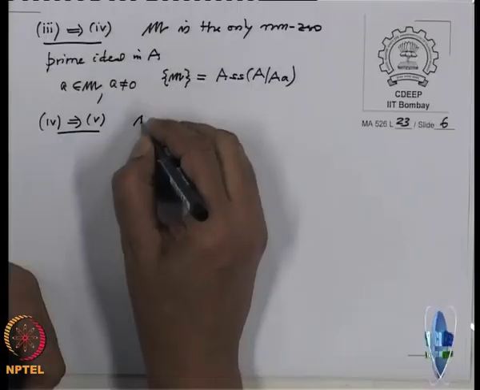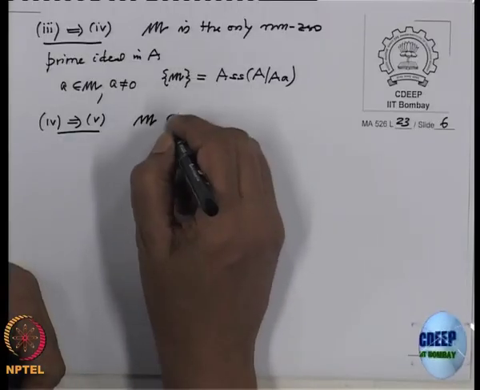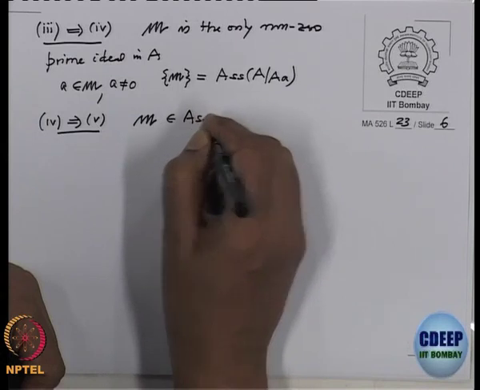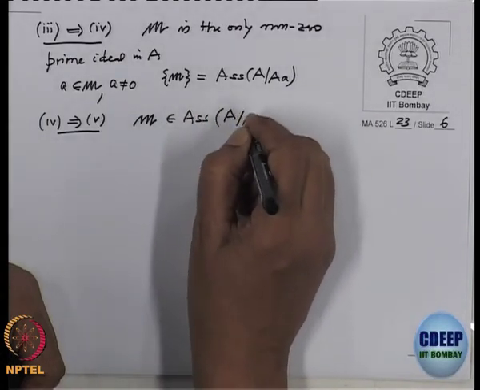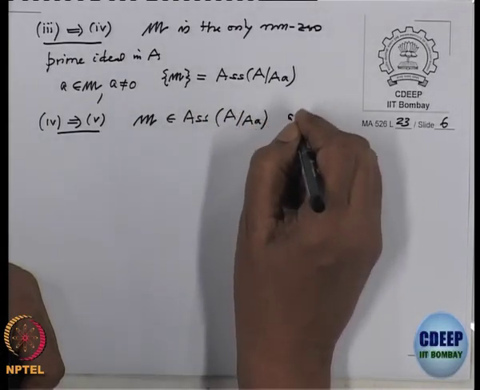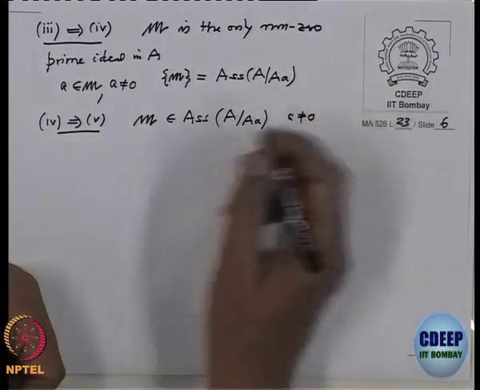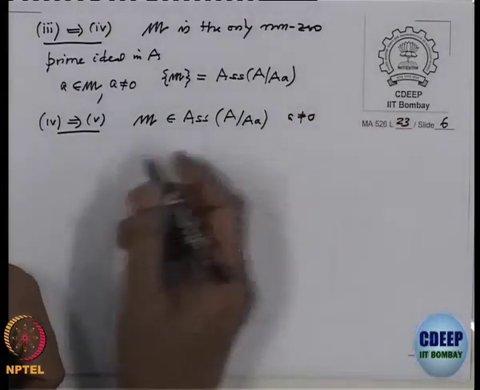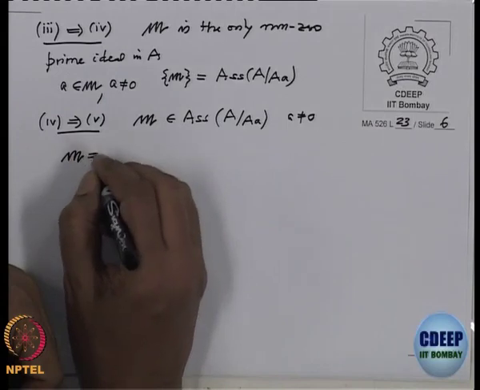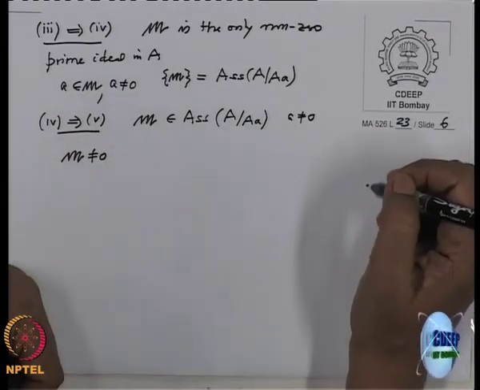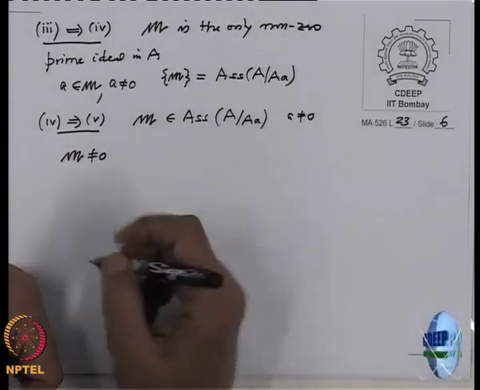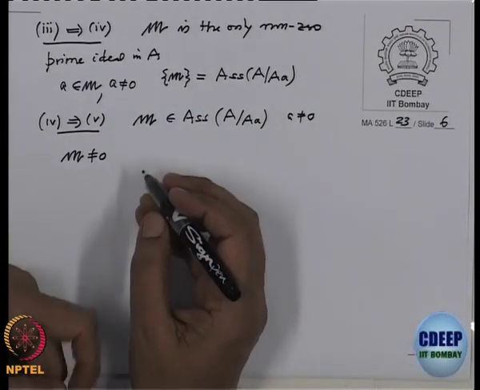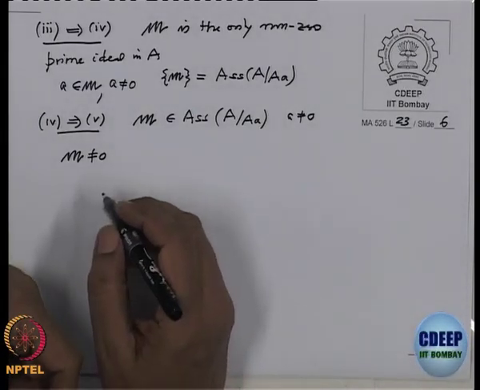We know the maximal ideal is associated to some non-zero element a of A. So, in particular M is non-zero, because it contains this a which is non-zero.